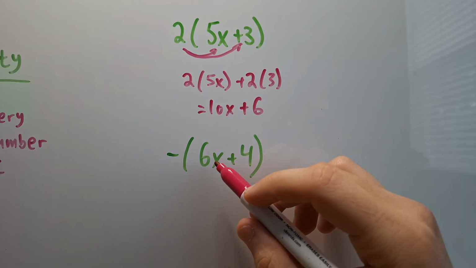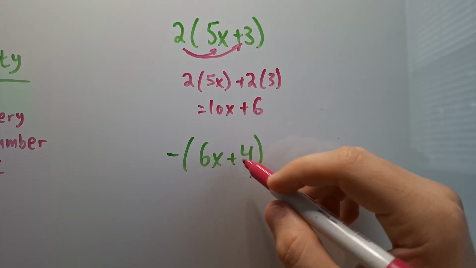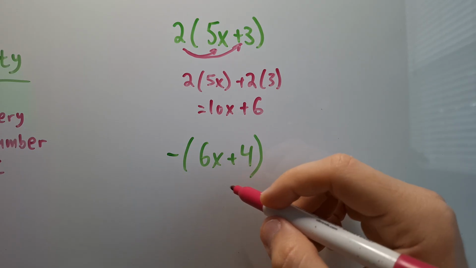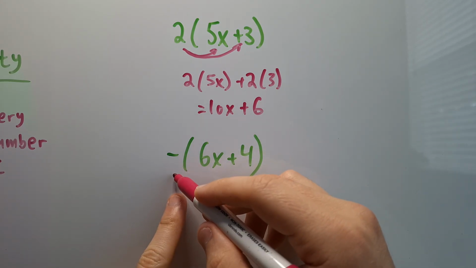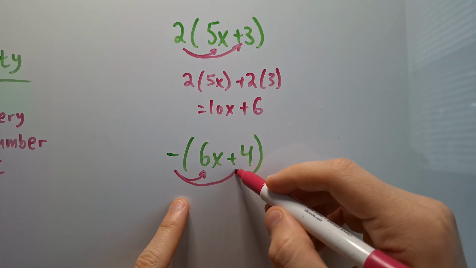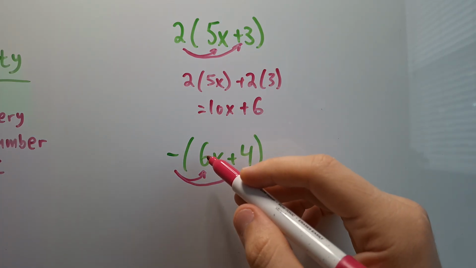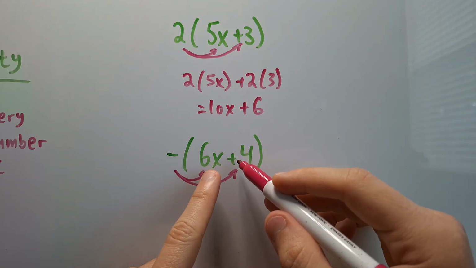The nice thing about this problem, and what's interesting about it, is that we're going to be using that multiplication property of -1 that I did in a previous video. So what we're doing here is we're distributing -1. So both of these terms are separated by addition. They're both positive.